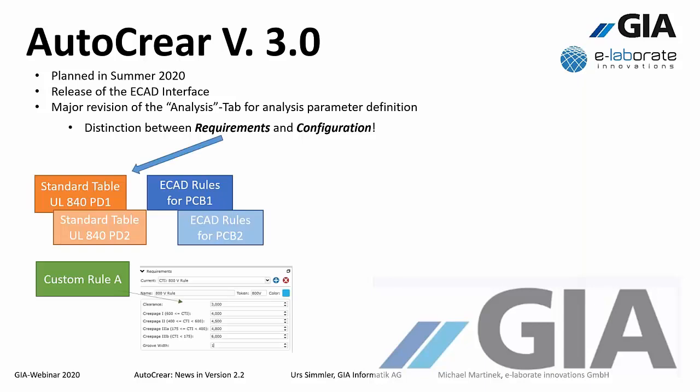The requirements are, for example, your standard tables, your ECAD rules, which come from these exchange files from the ECAD system. The standard tables might come from the standard table as an Excel sheet, or you can define custom rules. For example, your personal 800 volt rule, which you fill with values for all CTI values, for example.